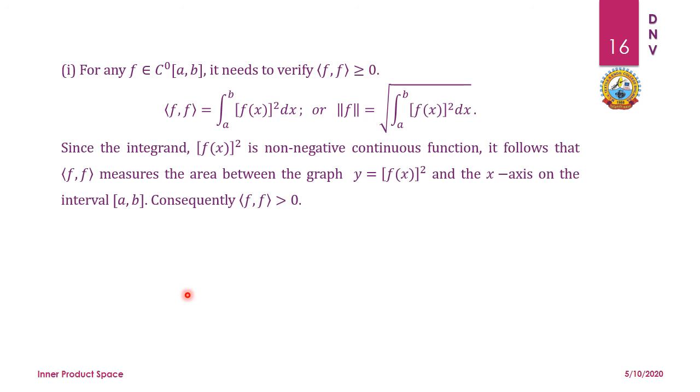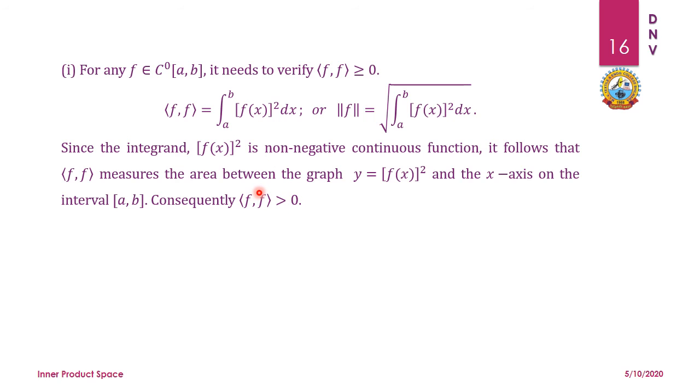So this inner product measures the area between the graph of this square function and the x-axis on this interval a, b, and consequently when it is the area, it is always greater than or equal to 0.